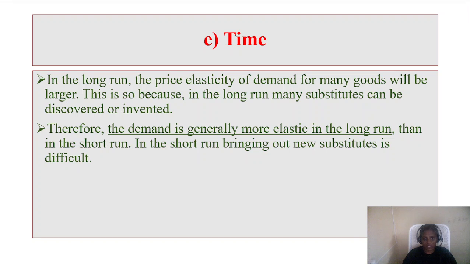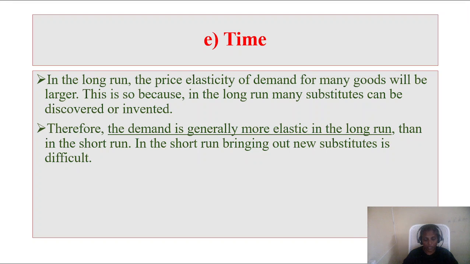The price elasticity of demand for many goods will be larger in the long run, because substitutes can be discovered or invented. Therefore the demand is generally more elastic in the long run. In the shorter period it's not like that. In the shorter period new substitutes will not be there, but in a longer period the demand will be more elastic.